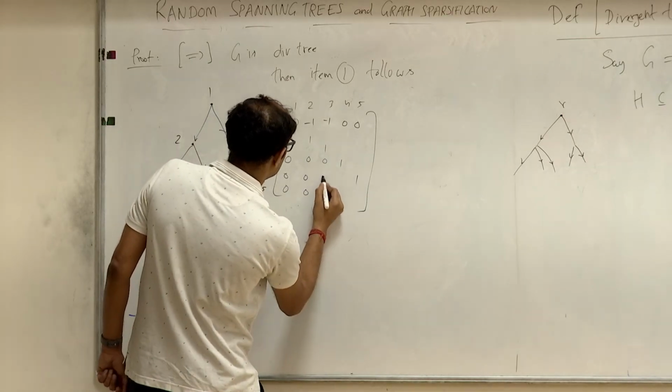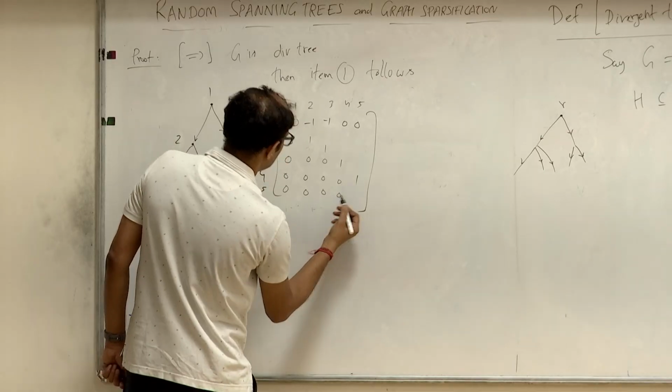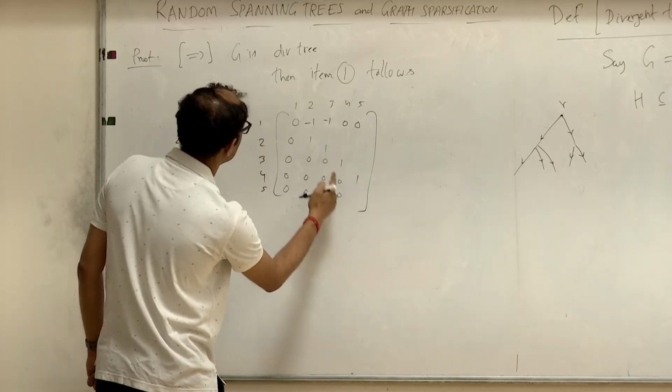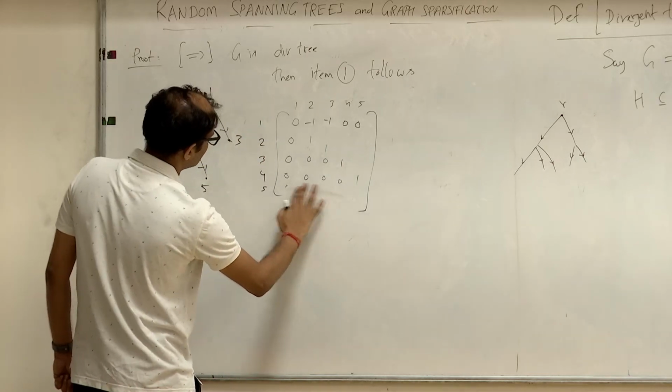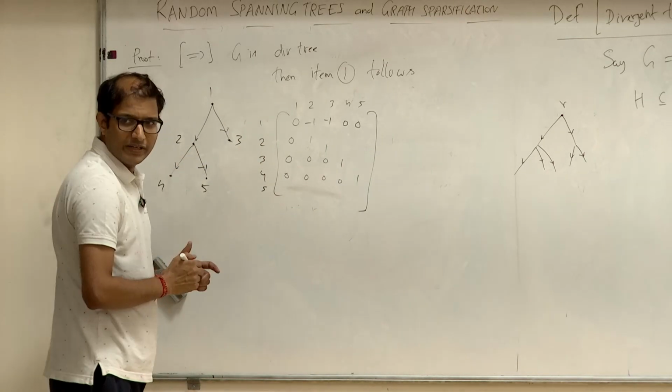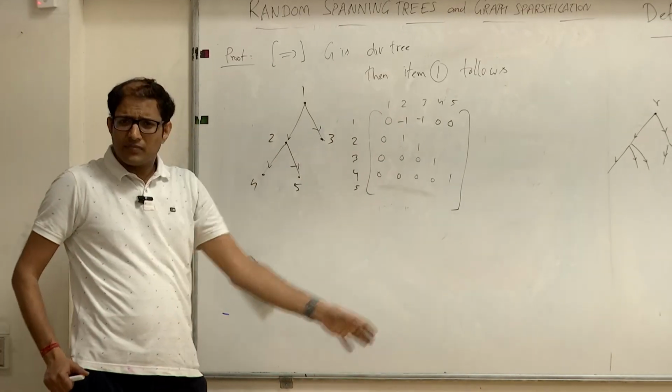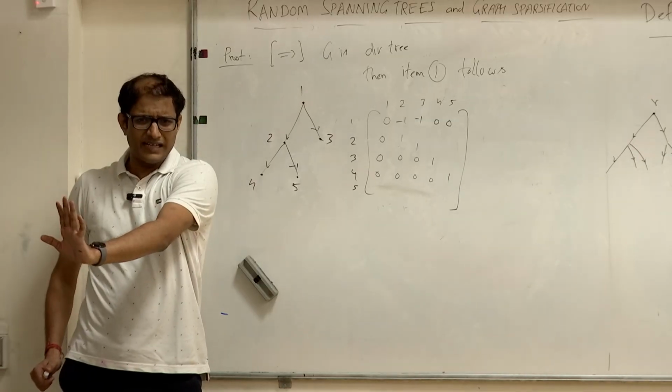Right. I think that I have perhaps missed one vertex. Okay, fine. And now you notice that every column adds up to 0. That's a side observation. We do not need that right now.